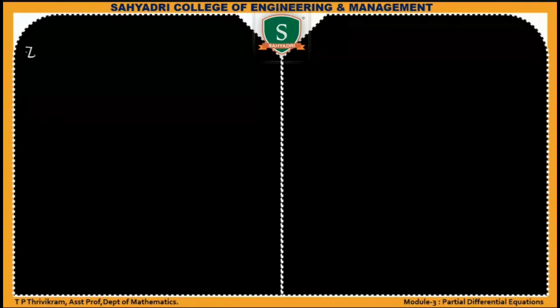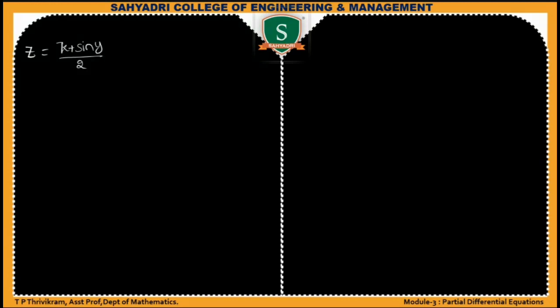z is equal to (k plus sin y) divided by 2 into e power ax plus (k minus sin y) divided by 2 e power minus ax.